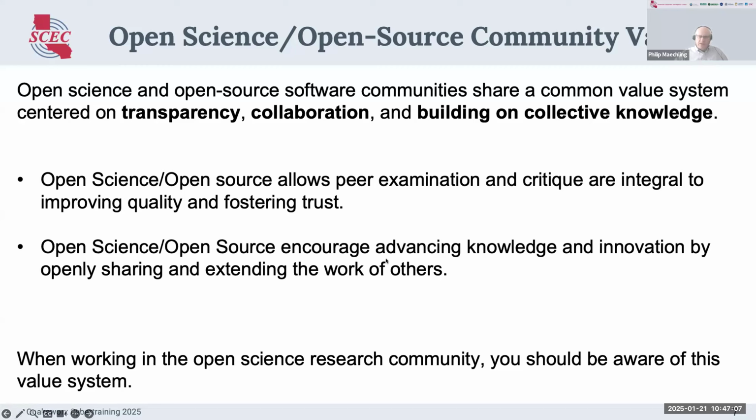So to make rapid progress, we don't want to duplicate. As someone else makes progress, we want to build on that progress. This is the value system we find most commonly within the seismological research community. You don't necessarily have to share this, but you should at least be aware that's the value system you're working in.